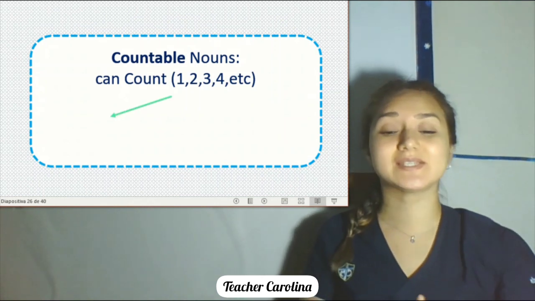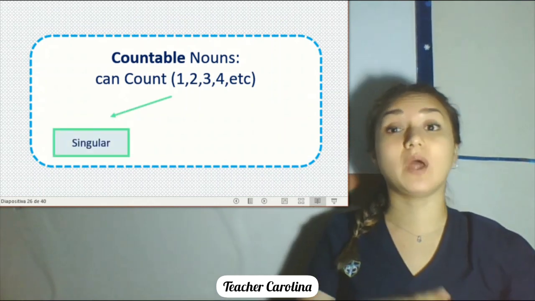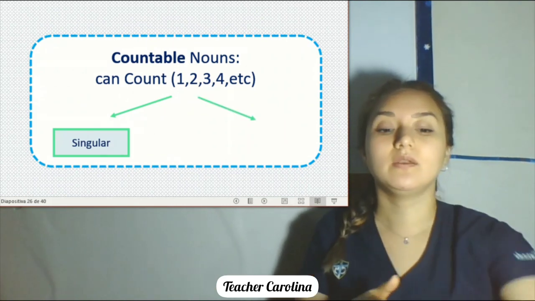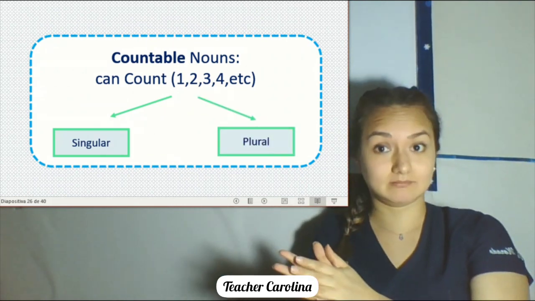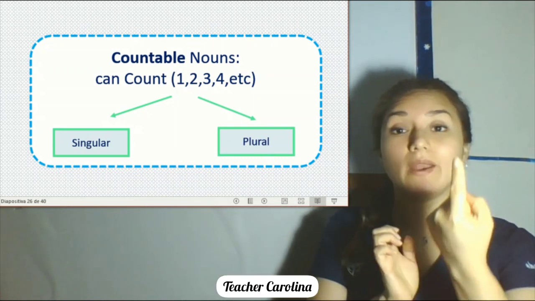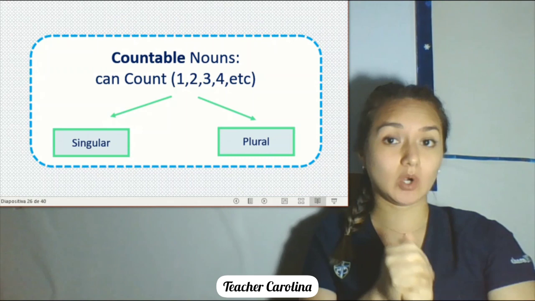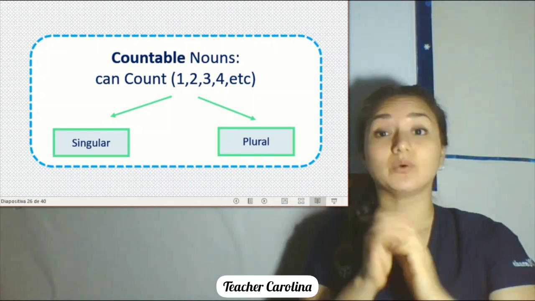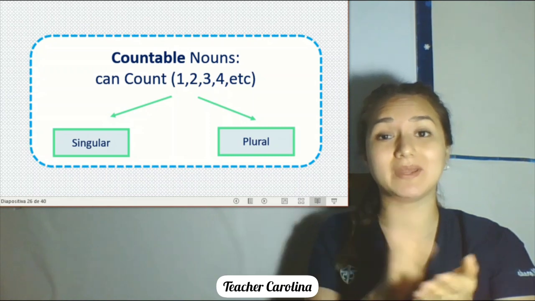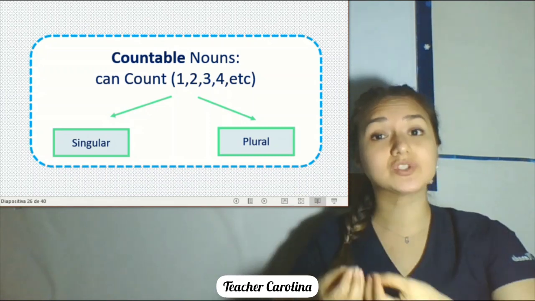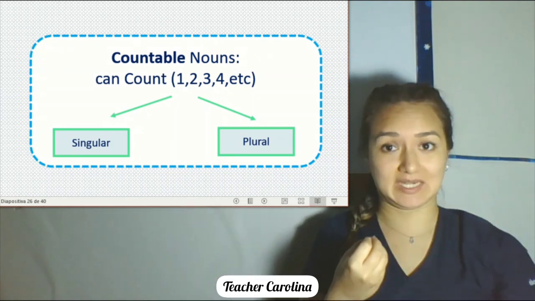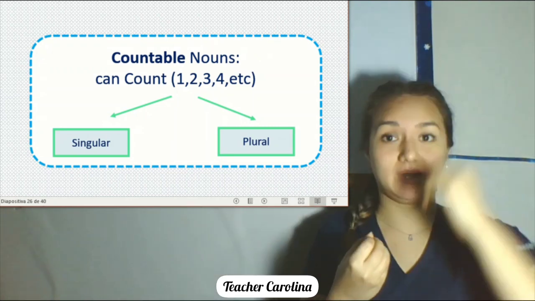And it says that the countable nouns are going to be divided into singular and plural, right? For example, you can say 1 orange, 2 oranges, 3 oranges, or for example, banana. Banana is a countable fruit because you can say 1 banana, 2 bananas, 3 bananas, 4 bananas.